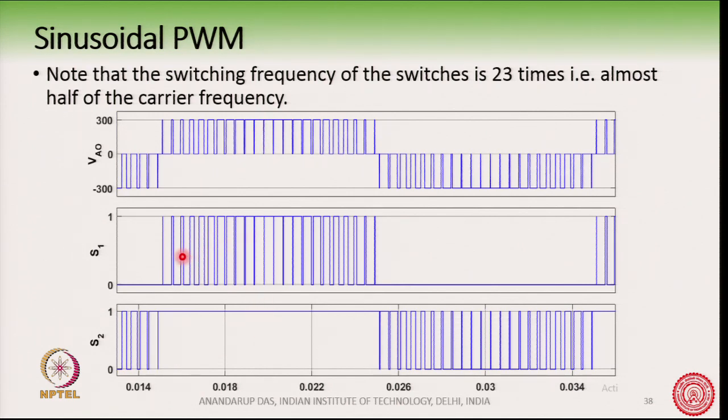S1 is switching continuously while S2 is fully turned on. Whereas, in this section, when we are accessing the minus level, S1 is fully turned off, because we will not need S1, but S2 will be given pulses here. So, the pulse patterns of S1 and S2 are completely different in one fundamental cycle.